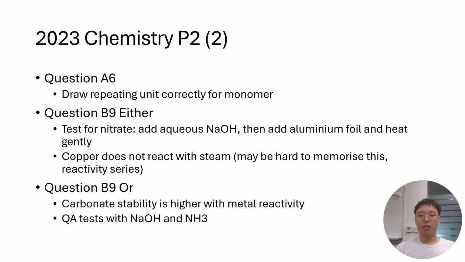And for question B9 all, I also learned that carbonate stability is higher when the metal reactivity is higher. So it is contrary to what I initially thought. My initial thinking was that the carbonate stability would be higher when the metal reactivity is lower, which was not true.